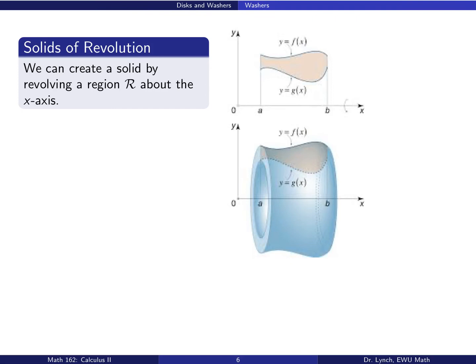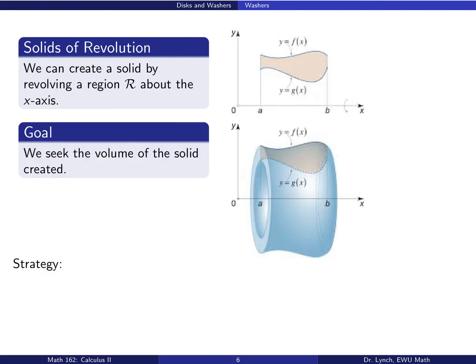You can imagine that similarly, if we put a little slice dx in and think about the volume that we get by revolving that slice, we end up with something that has a hole in the middle, in other words, a washer. So in this case, again, the strategy is to slice with a little bit of thickness dx, add up all of those little bits of volume with the integral, and use the definite integral to evaluate on the given interval.